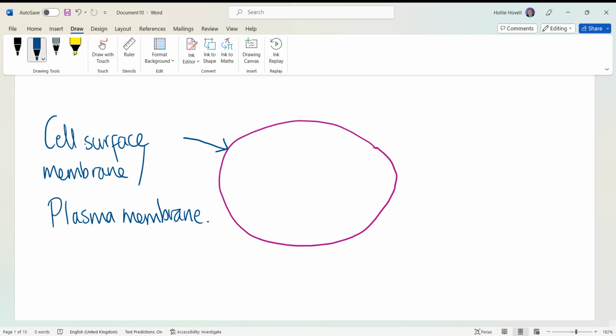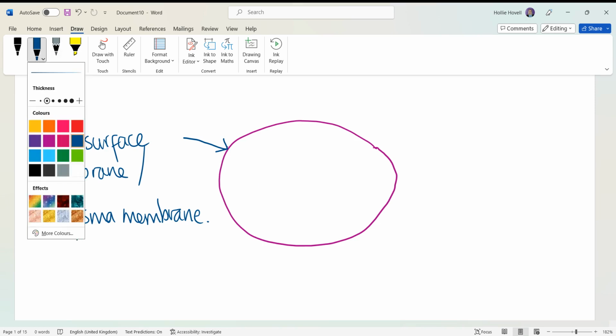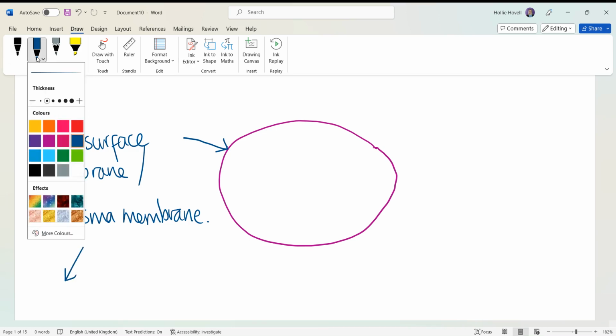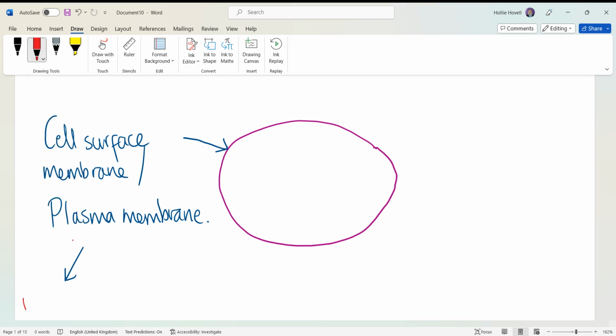So if we have a look at the structure of our cell surface membrane, the structure is a phospholipid bilayer. We go into that in a lot of detail, don't we? Phospholipid bilayer with the fluid mosaic model. Make sure you know what those words mean.